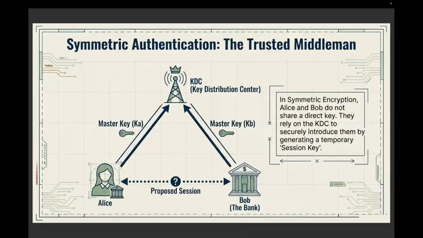When Alice wants to communicate with Bob, the KDC generates a temporary session key, which is securely delivered to both of them. Now Alice and Bob can communicate securely, and this model is widely used in systems like Kerberos. However, the KDC must always be trusted. If the KDC fails, the overall system fails. That is the trade-off.